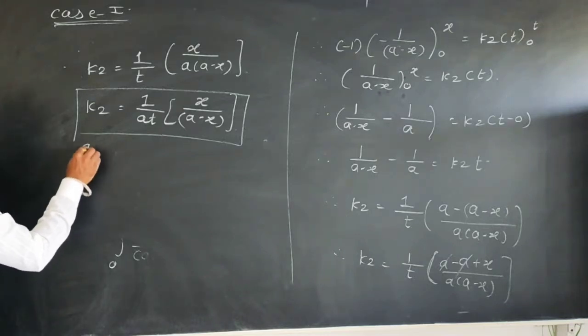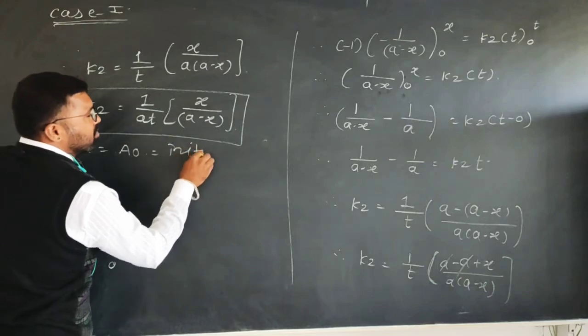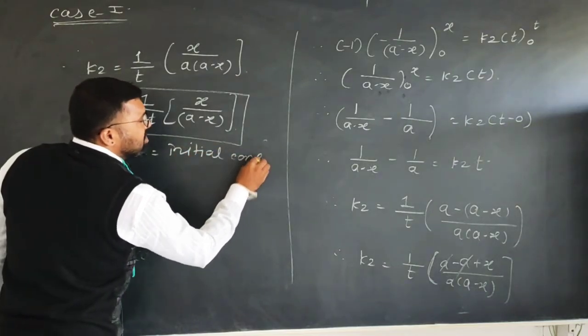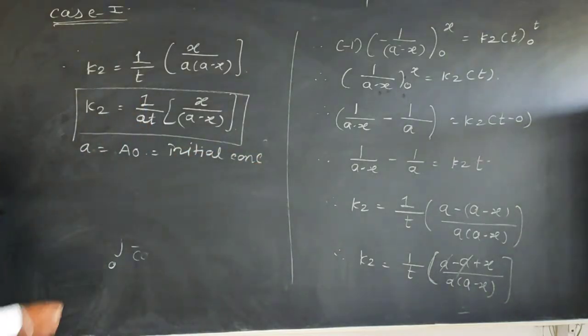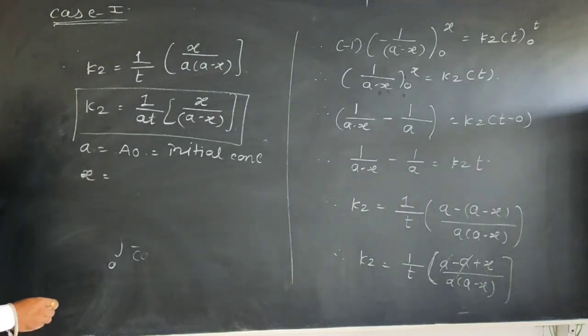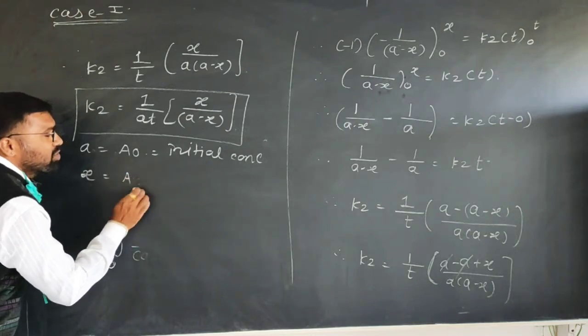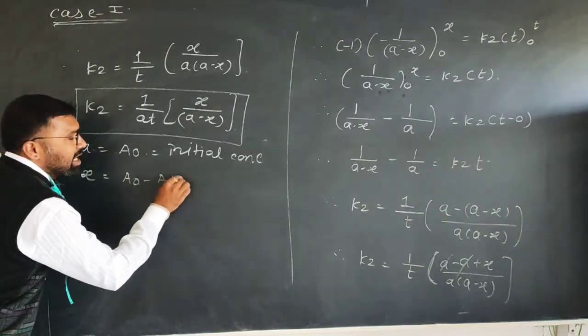Suppose I write A is equal to the initial concentration, that is A0. X is equal to the amount of product formed, that is A0 minus At.